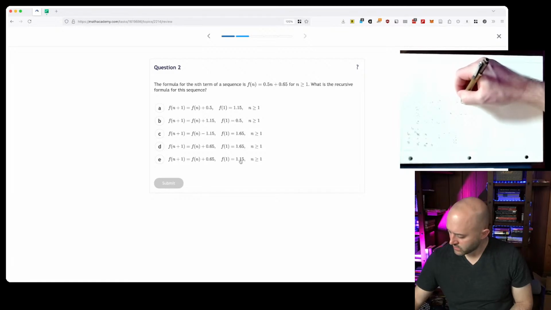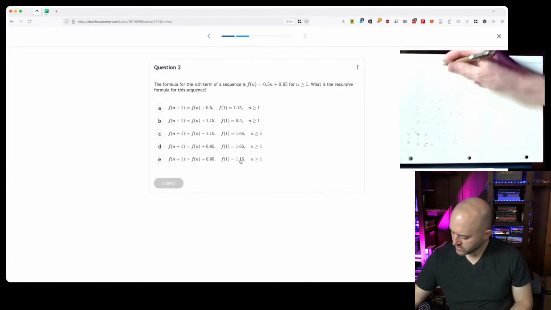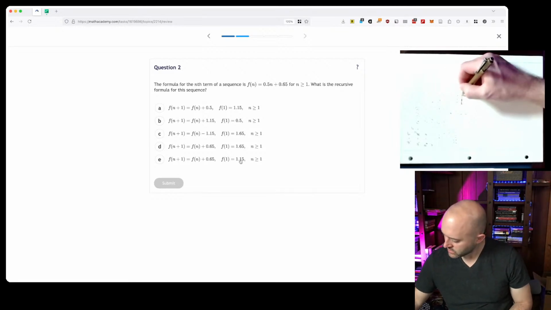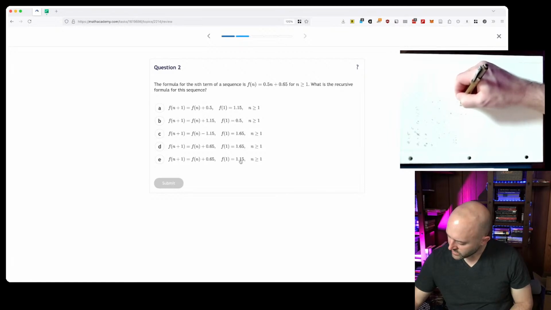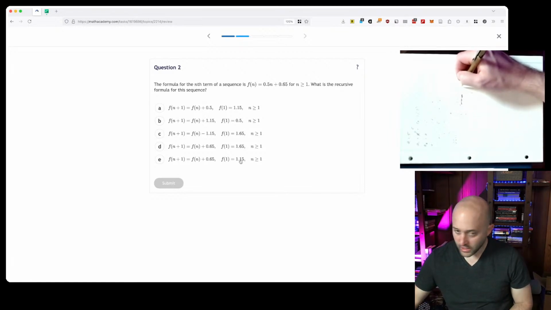2 would be 1 plus 0.65. No, it is f of n plus this, so it's 1.15. Aha, previous one plus points.